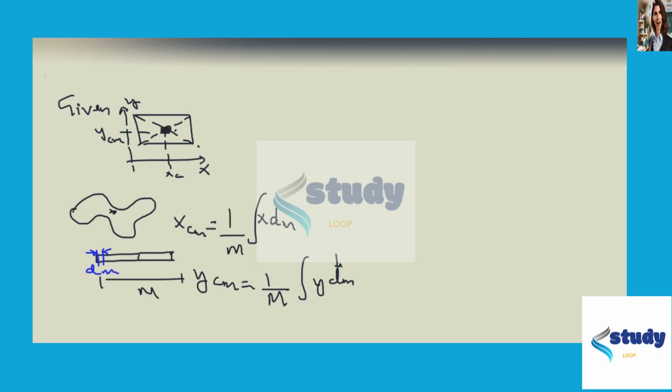x and y are the coordinates of the object. So think about a thin rod like this. That's your y-axis, this is your x-axis, and then you have a super small thin rod.